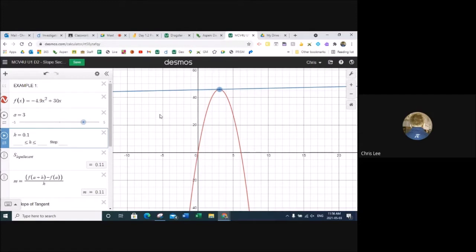Okay, and you see the steepness here is almost 0, I would say. If I make it even smaller, to the point we calculated, there it is. Slope was 0.551. And as we make this even smaller, you can see it's getting really close to 0.6.